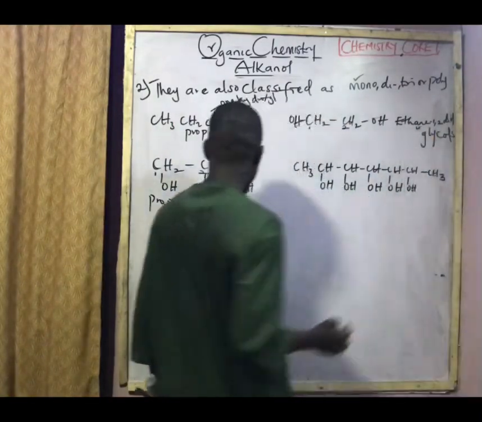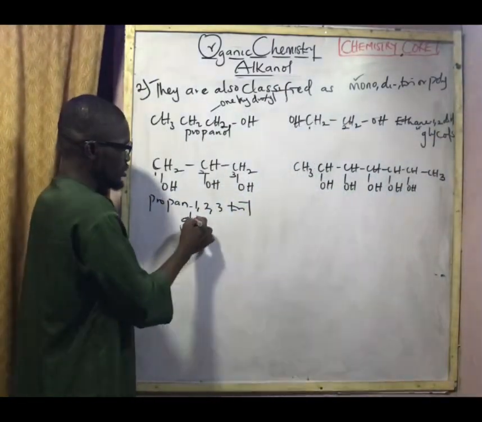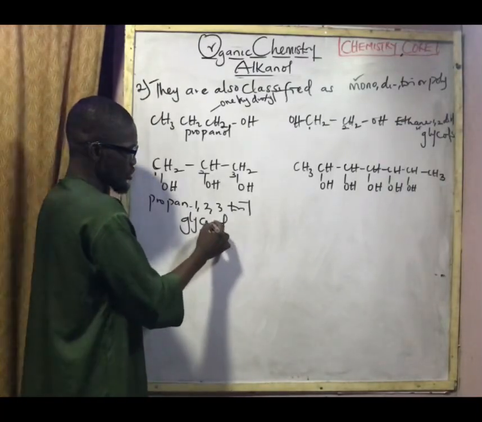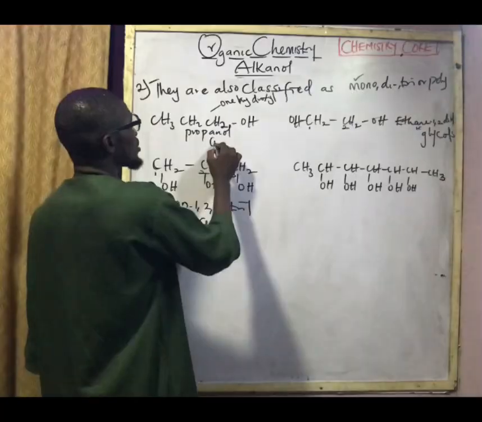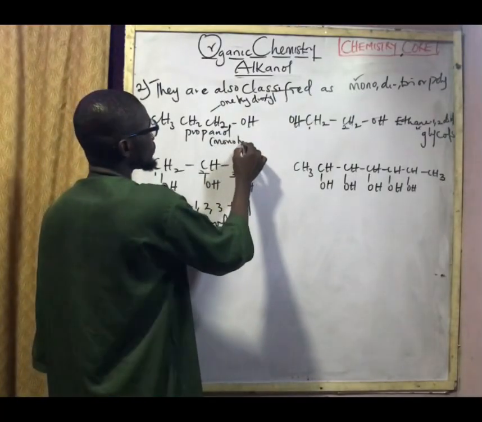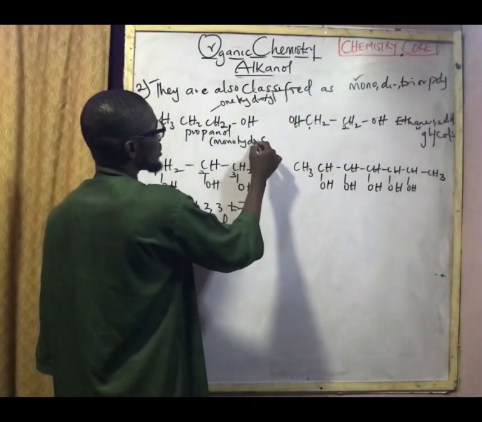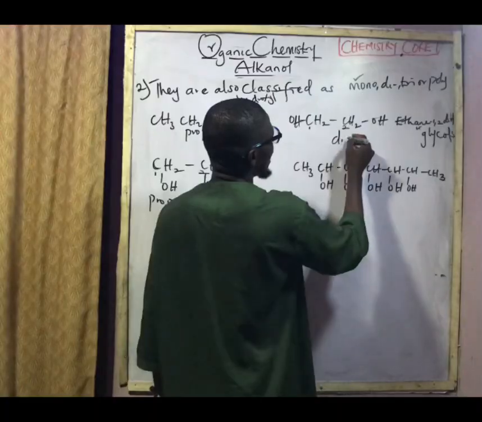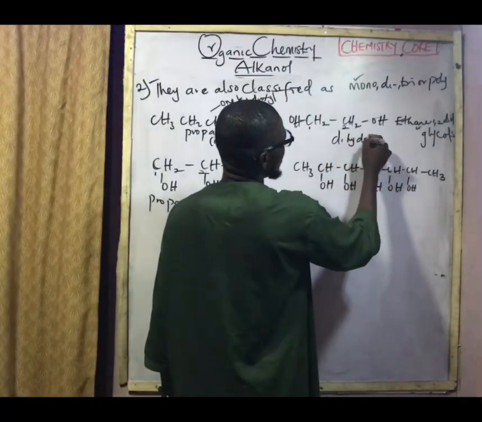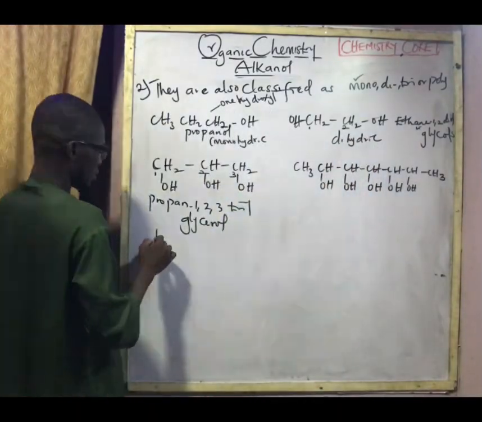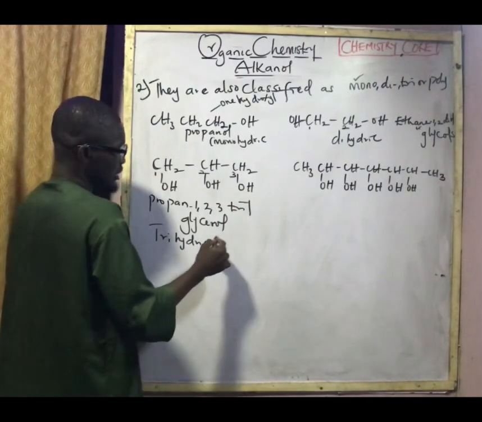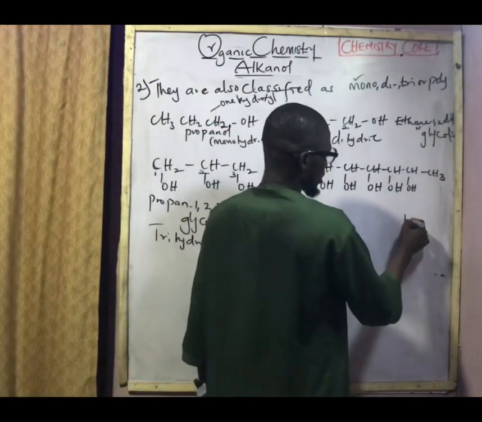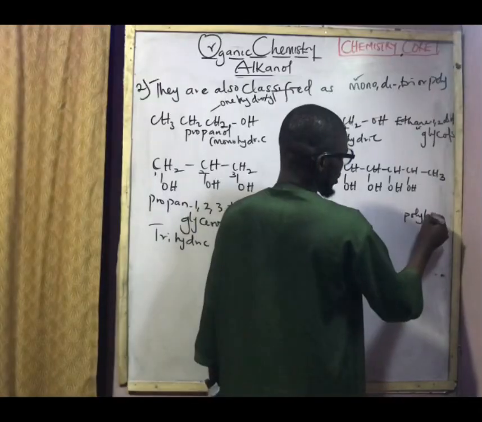Please take note of that. And this one is called glycerol. So this one is monohydric. We call this one dihydric. We call this trihydric. And the last one, we call polyhydric.